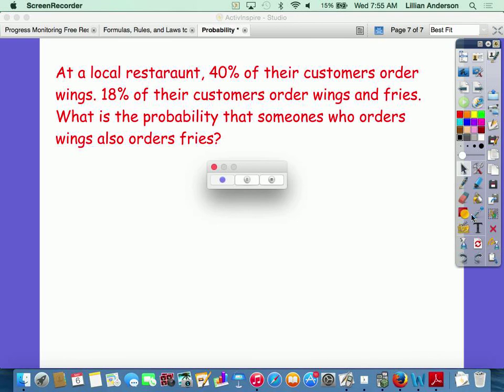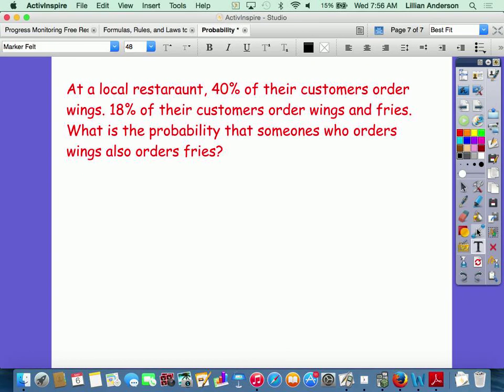Now this last example is an example of what's known as conditional probability. Conditional probability is a probability that has a condition put on it, hence the name. And this is a prime example of it. It says at a local restaurant, 40% of their customers order wings. 18% of their customers order wings and fries.